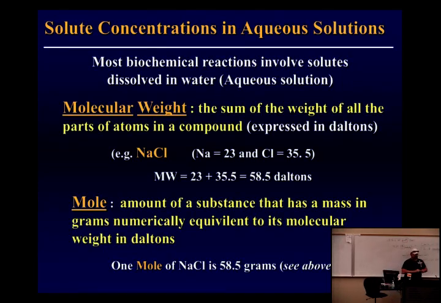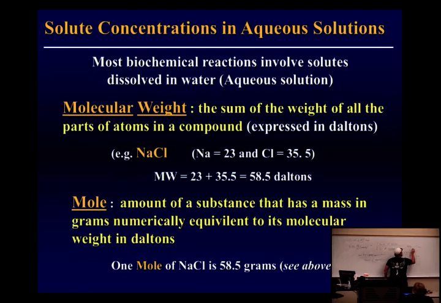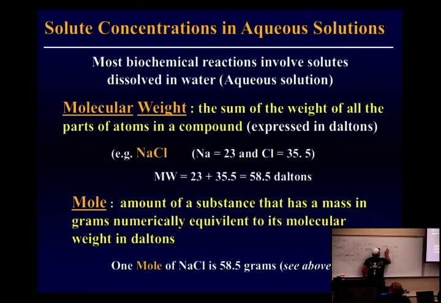So when you do 25% of 58.5 grams, you're going to divide this by 4, right? That's the same as 25%. I don't feel like doing long-handed division, so I can add it up.